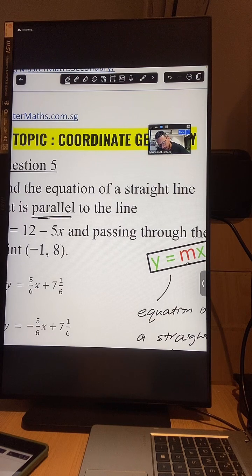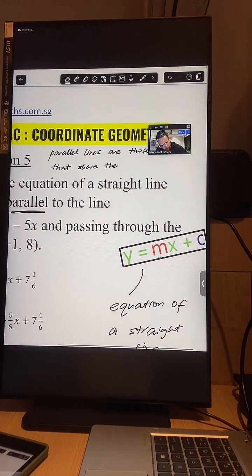Parallel lines are those that share the same gradient.